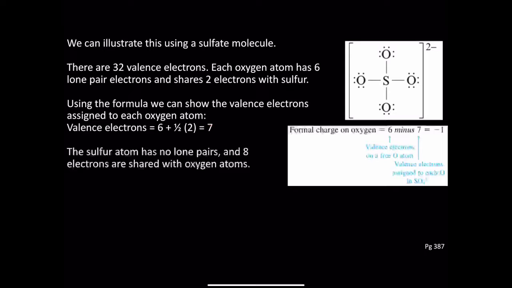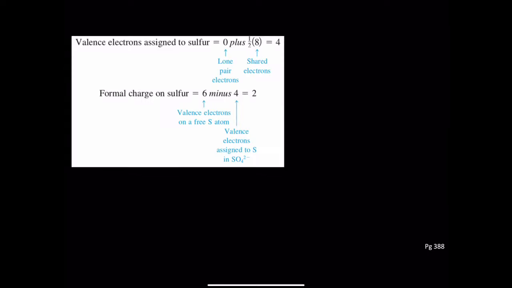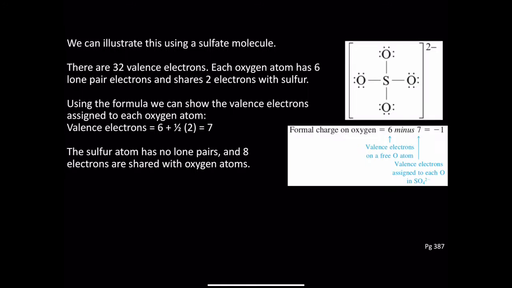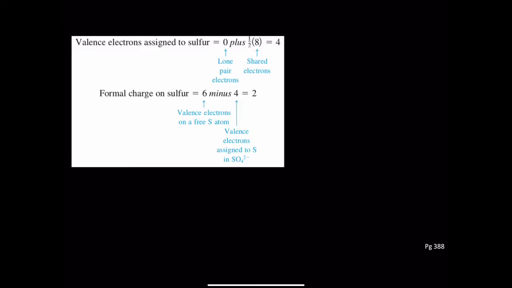And the sulfur atom has no lone pairs, and 8 electrons are shared with oxygen atoms, right? So sulfur also has an octet, where you have 2, 4, 6, 8, but we're going to obey that same splitting rule for bonds in general. So we will count sulfur as having 1/2 times 8, which equals 4.